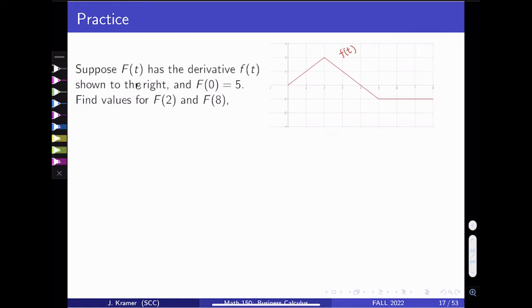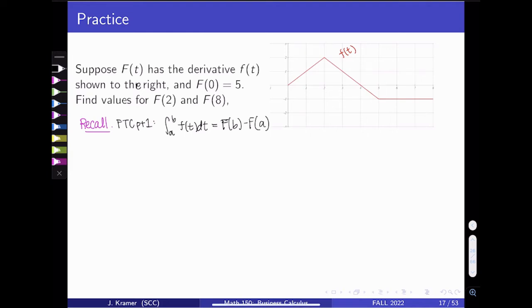So just to recall from our previous slide, the fundamental theorem of calculus part 1 says that the integral from a to b of f of t dt is the antiderivative evaluated at b minus the antiderivative evaluated at a.